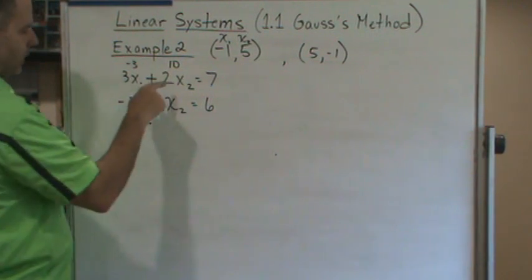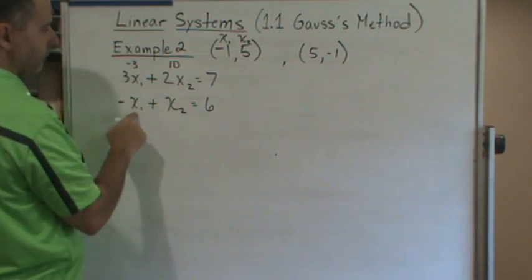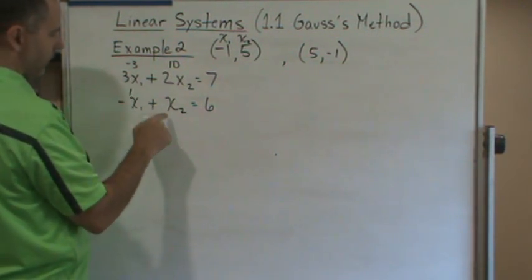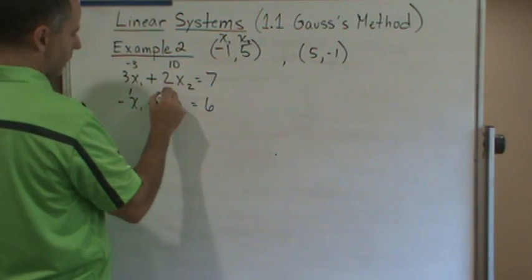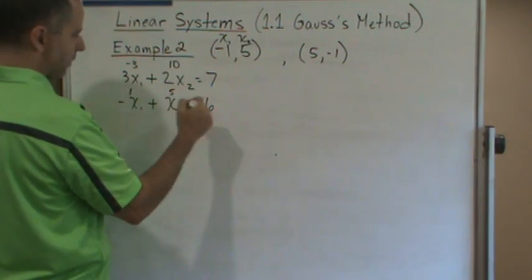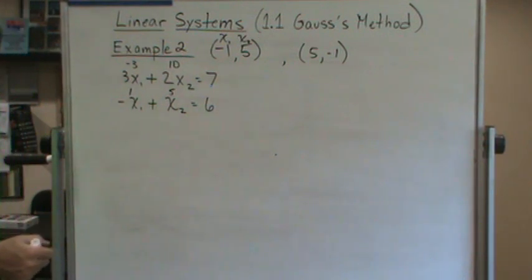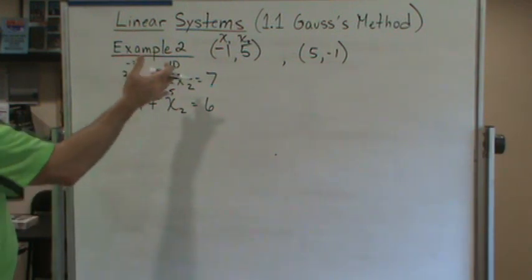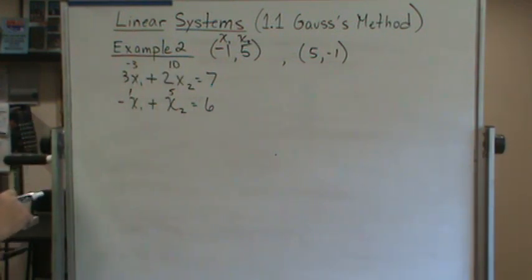And again, if we plug in -1 here, we get the negative of -1, which is 1, and we get 5 here, so 1 plus 5 equals 6. So it satisfies all of the linear equations in the system. Therefore, -1 comma 5 is a solution.